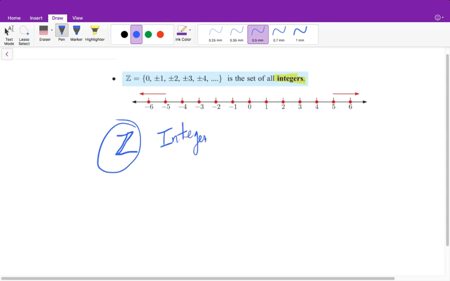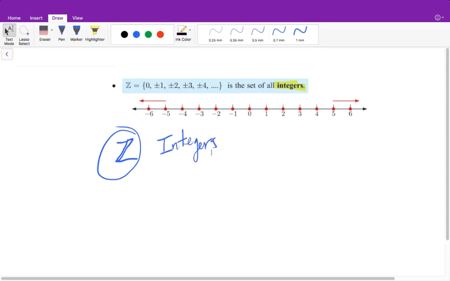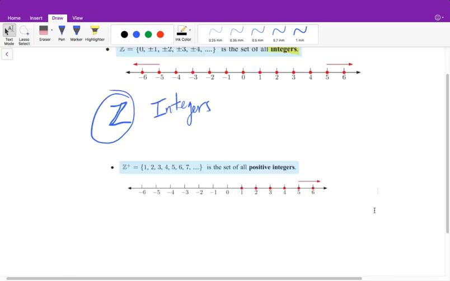Now there's another way that we are going to write this, because sometimes we want to focus on only the negatives, or sometimes only the positives. Another way that we can write this is if we add a symbol to the top right-hand corner. If you see this here, this has a Z plus. That means we are only looking at the positive integers.